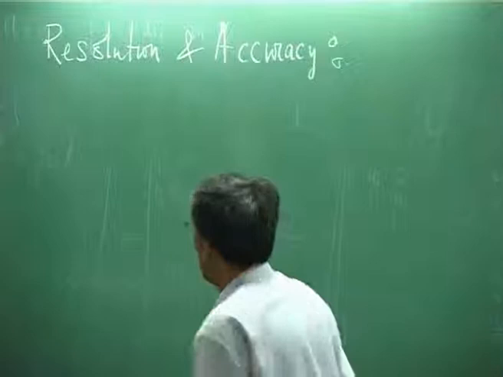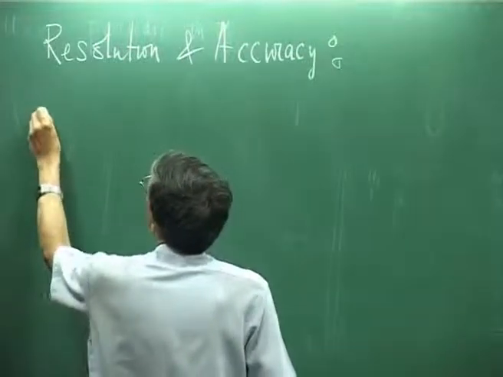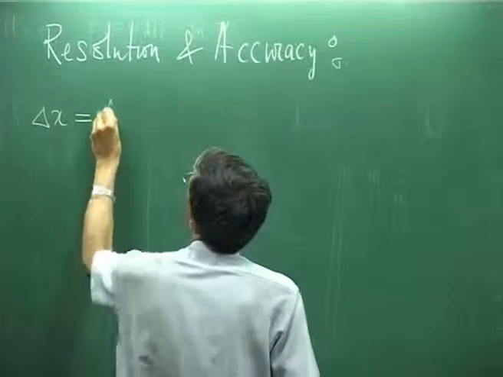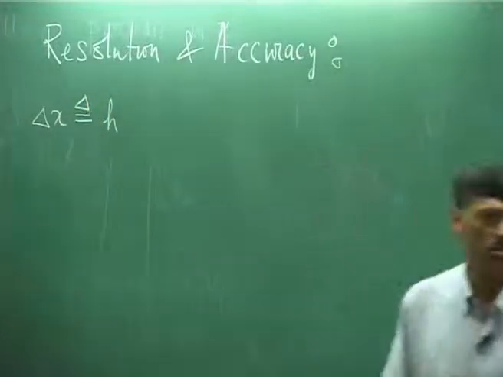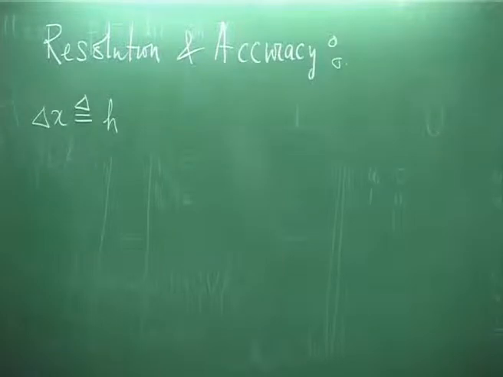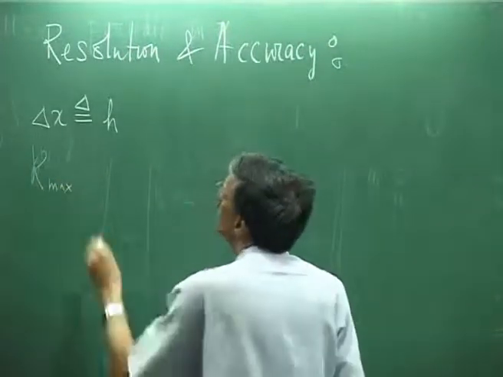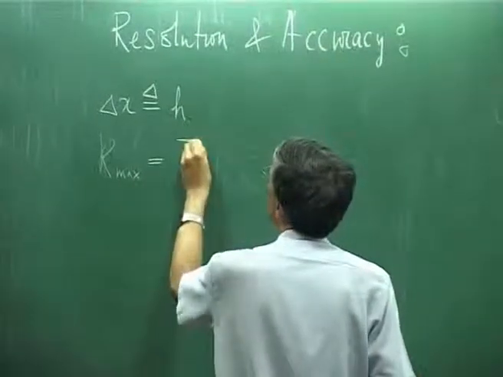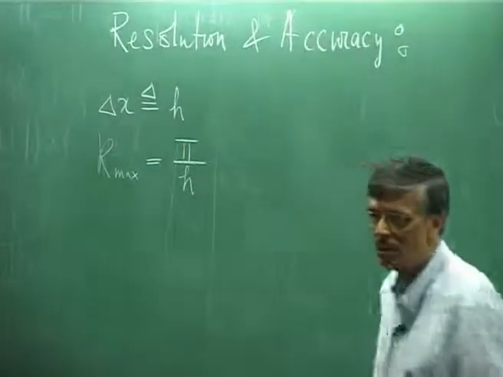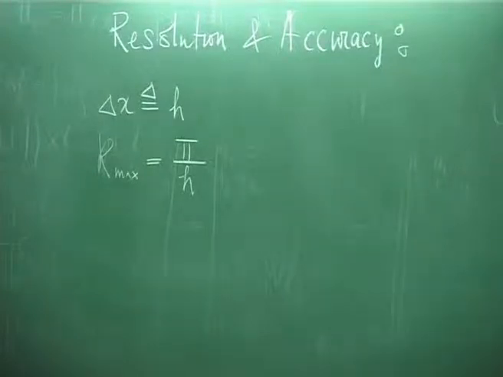Now, I told you that if I solve a problem where I choose, let us say, a uniformly discretized space as H, then we immediately talk about K max, right. K max is this that we discussed, because that is the maximum wave number that we can express, having 3 points in 2H that will define one wave, that fixes this K max.